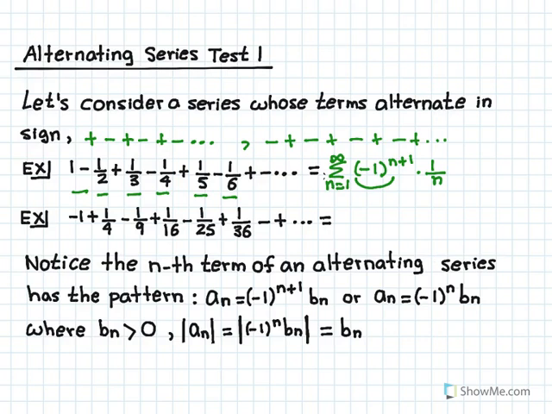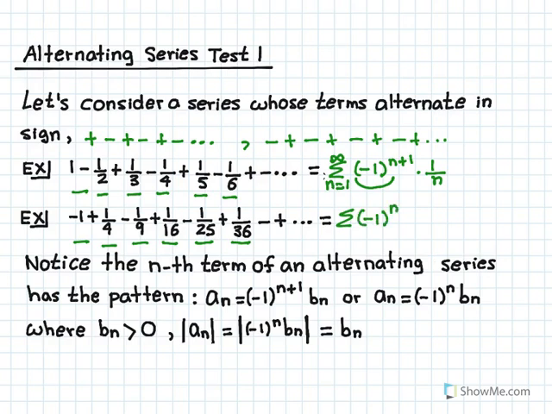Let's look at another example. Negative 1 plus 1/4 minus 1 over 9 plus 1 over 16 minus 1 over 25 plus 1 over 36. So we have to get a general pattern for this. Well, the alternating part will either be negative 1 to the power of n or negative 1 to the power of n plus 1. But because we're starting at a negative, we should use negative 1 to the power of n.